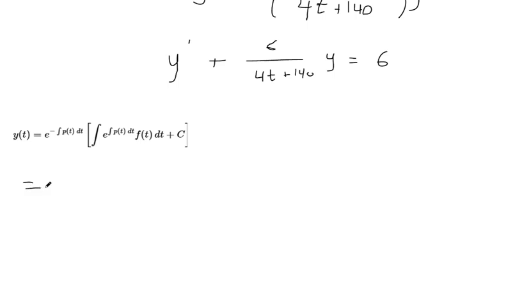Okay, so plugging right into the formula, this is the function that's multiplying to our y variable. So this is the negative integral of 6 over 4t plus 140.